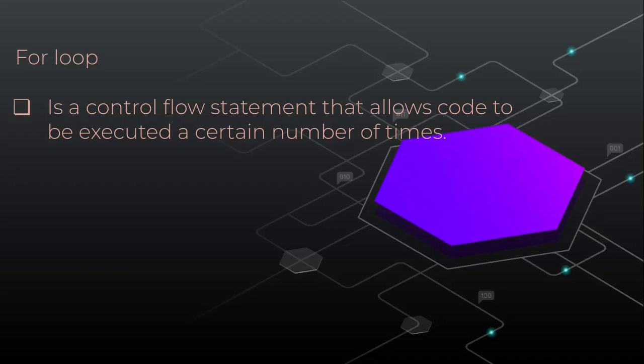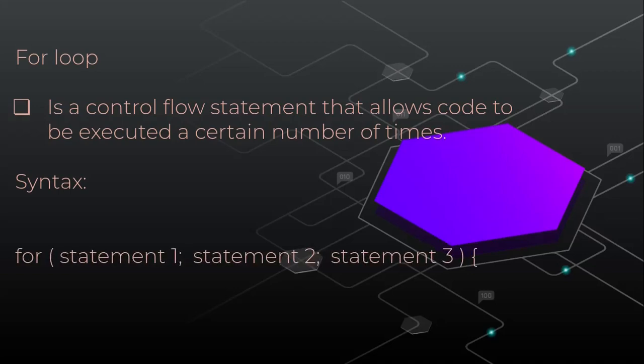Cool. So let's just look at the syntax of a for loop. So you start with the keyword for, right? And then you're gonna have an open parenthesis. Then you have statement one. So this statement is actually an initialization statement. You're gonna have a variable that is of this for loop scope.